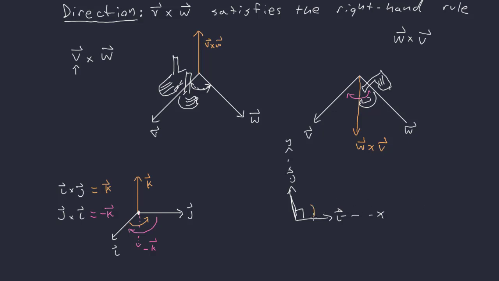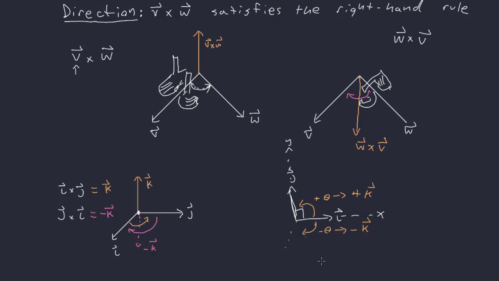So if we are going with a positive angle, right, this would be a positive theta, we get a positive K. If we go in the opposite direction, if we go counterclockwise, a negative theta will give us a negative K.